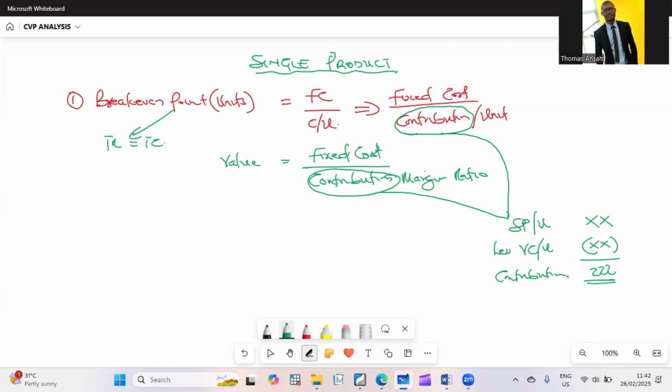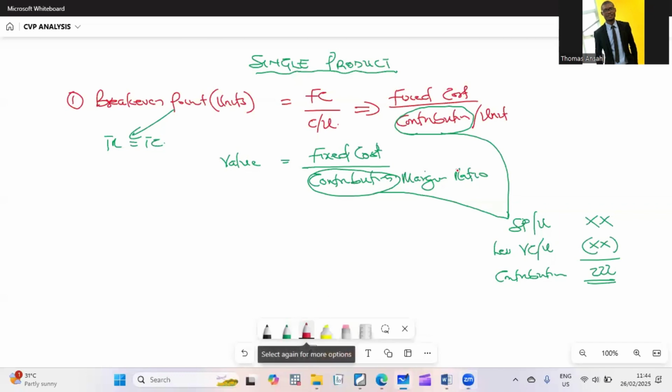Now, if you want the relationship between contribution and margin, when we look at margin, margin is a profit element. So basically, you have to understand that when you talk of the margin, it is about what you put on your cost to get a profit.